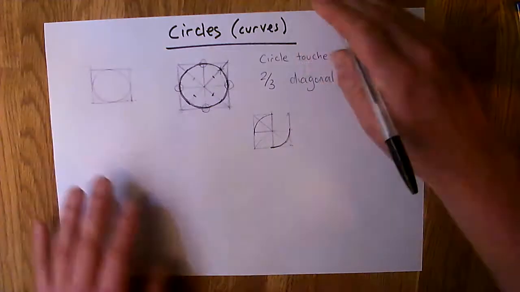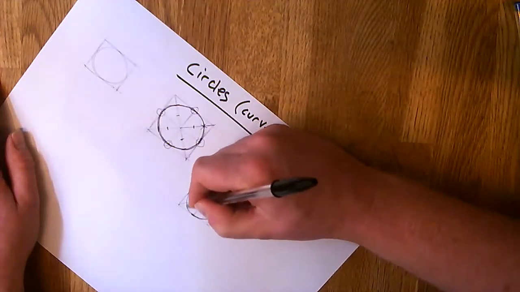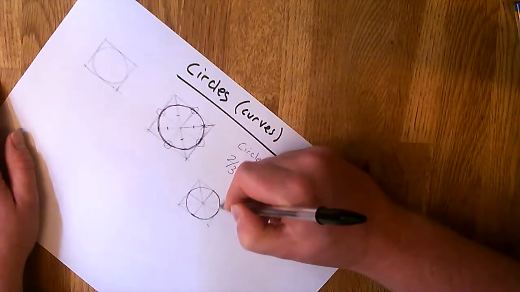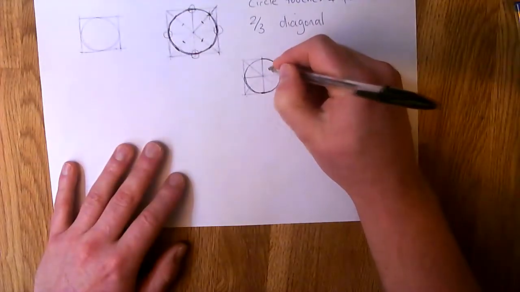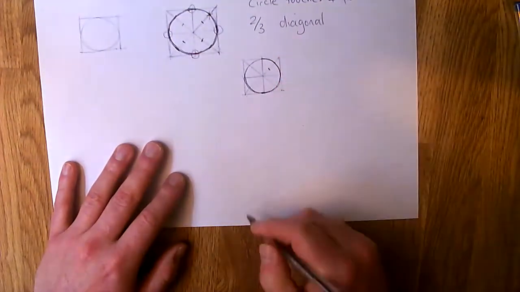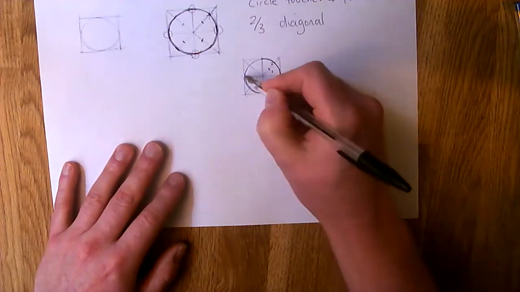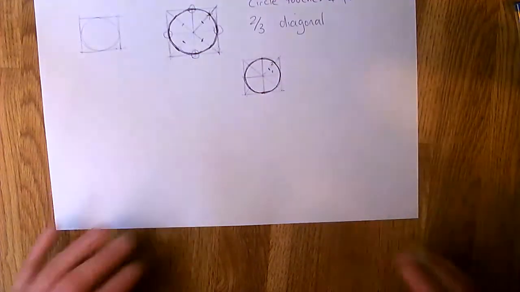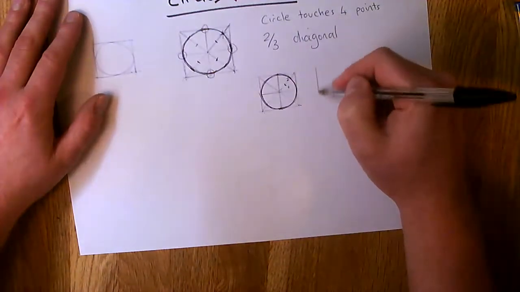Let's start off and end at those points on the square. And also hit that 2/3 mark. So there's 1/3 and 2/3 along that way. Difficult to do, let's do it again.